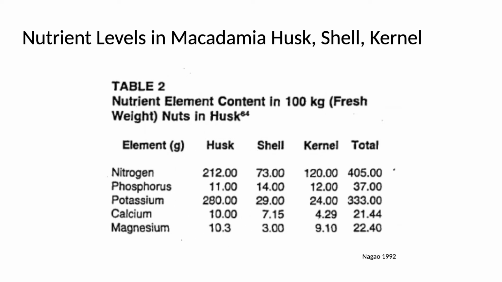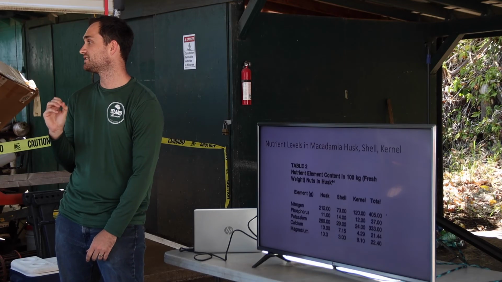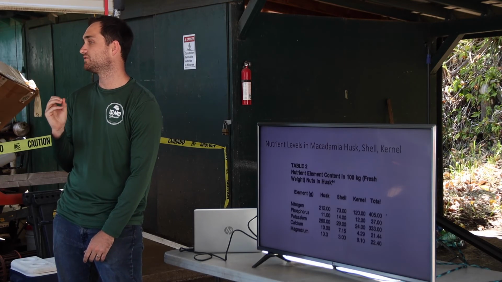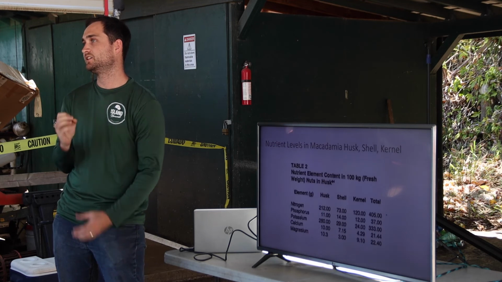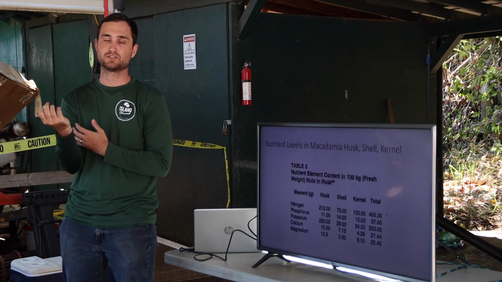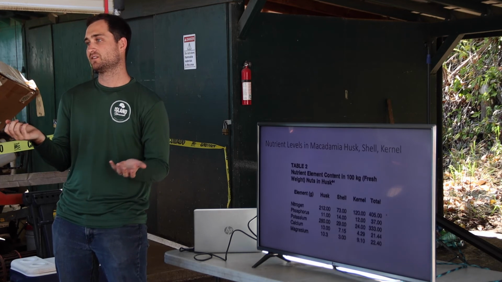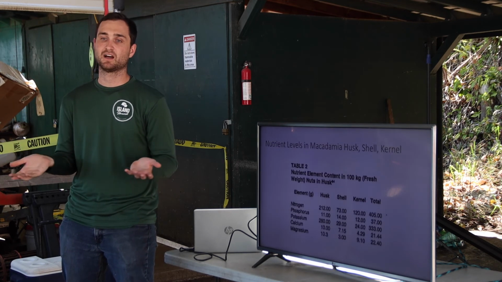And then also potassium, it has 280 of the total 333. So that husk contains a ton of nutrients, and you need to have the husk in order to produce the fruit, but you also have an opportunity to put the husk back onto the orchard.